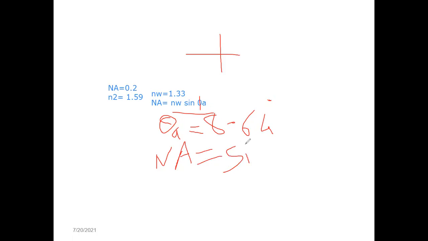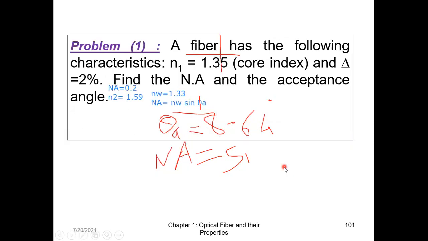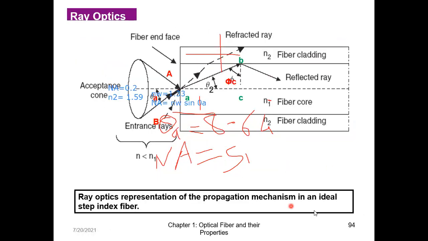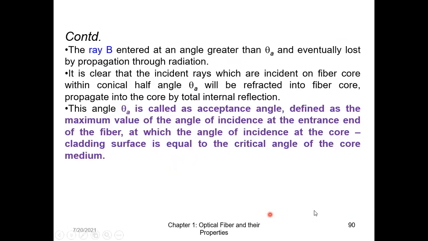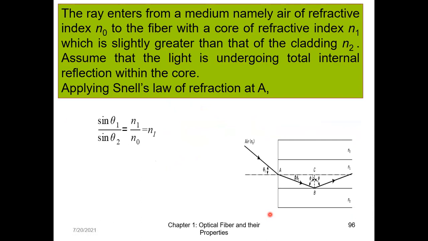So I have to go back to the derivation. This doubt comes every year. I am clearing all these things. In this equation, instead of N1 you put NW. Theta 1 is my theta A. And instead of theta 2 you are applying the Pythagoras theorem, that is what you said, right? Okay, so what do we get from this?